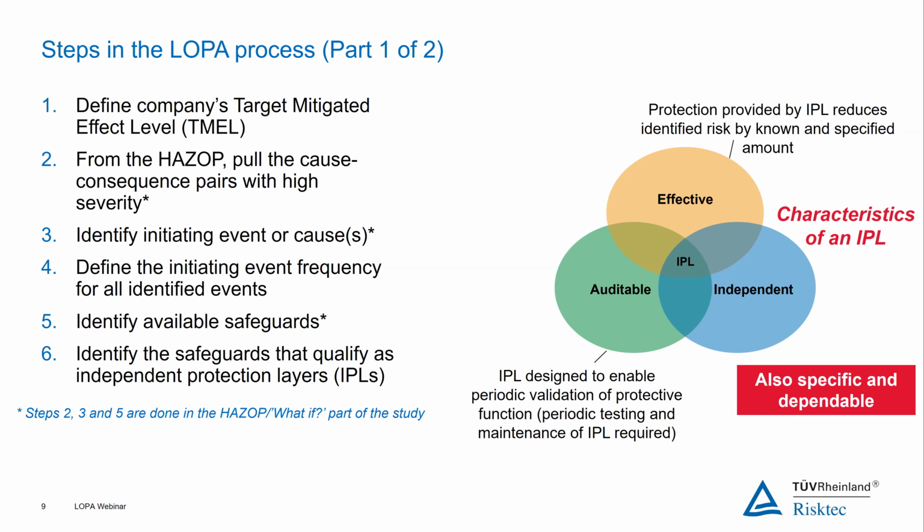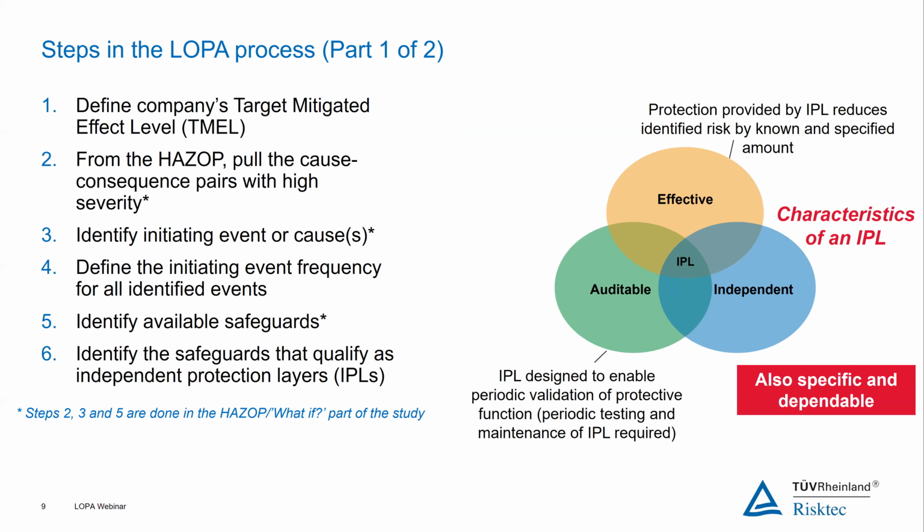Once we've got this, we will have a look at our hazard identification, whatever we've carried out. We'll have a look through the risk ranking, and we'll pull over the cause consequence pairs. So what consequences we've ranked, however we've defined that, be that the highest level consequence or anything within the red zone of our risk matrix, we'll pull them forward to carry out a LOPA on them going forward.